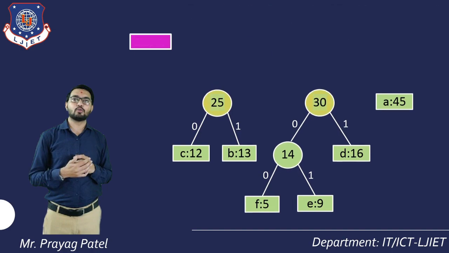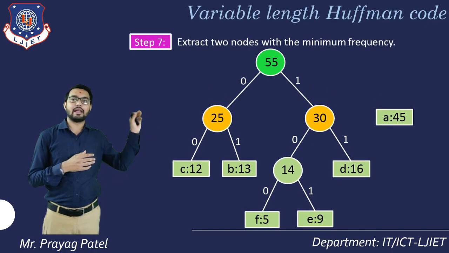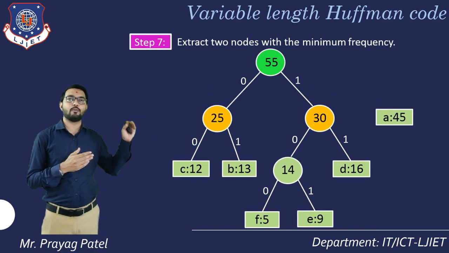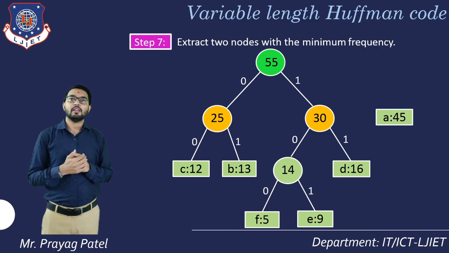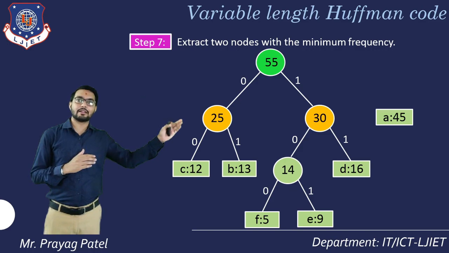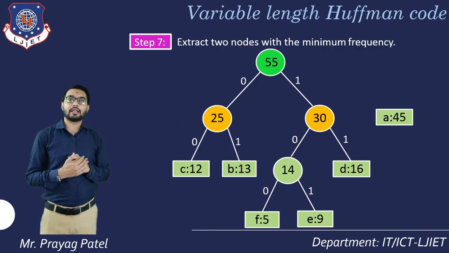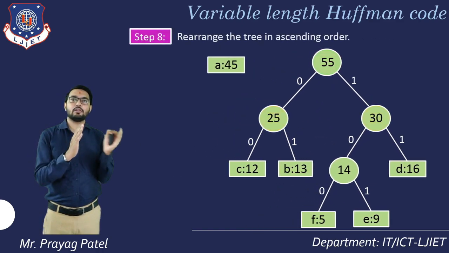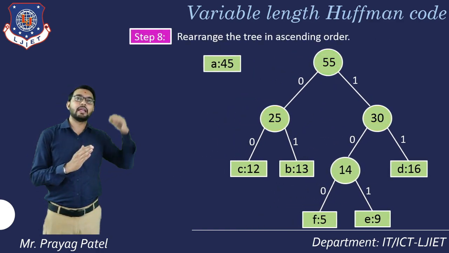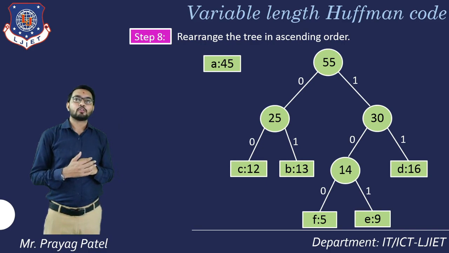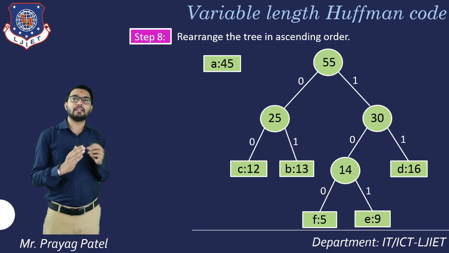So combine these two nodes, meaning the addition of these two nodes, 25 plus 30, equals 55. After combining these two nodes, assign the value 0 to the left child and 1 to the right child. After that, rearrange this data, meaning first 45, then 55. After rearranging, combine these two nodes.